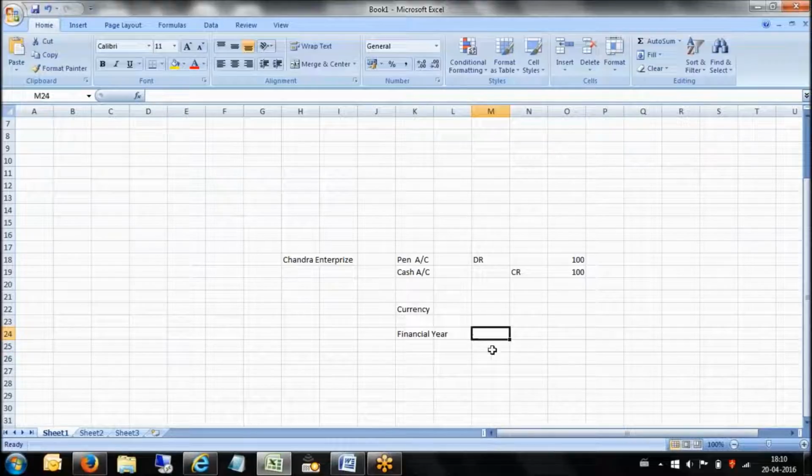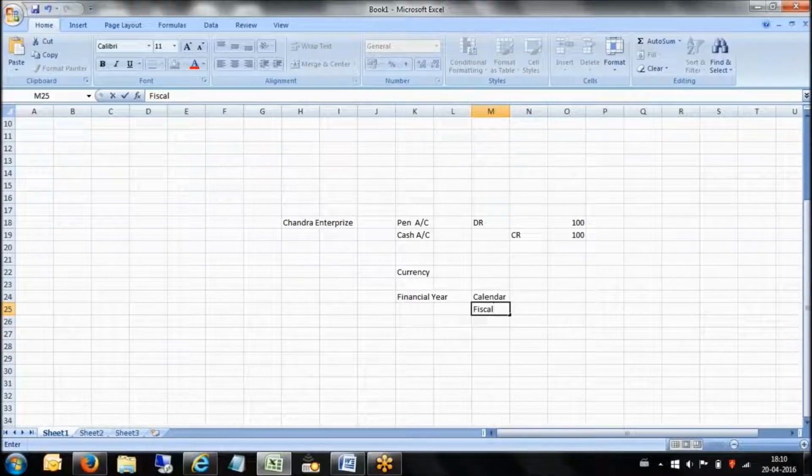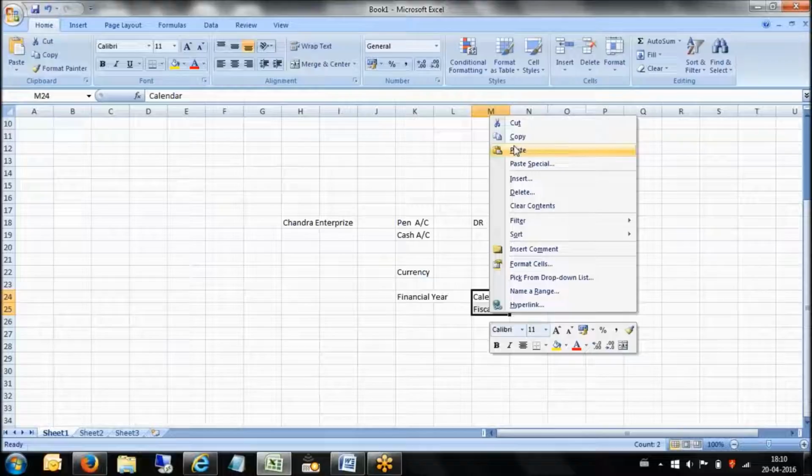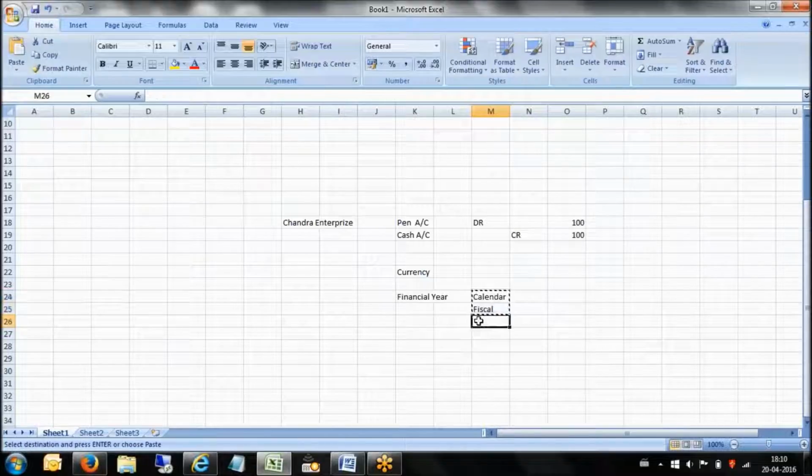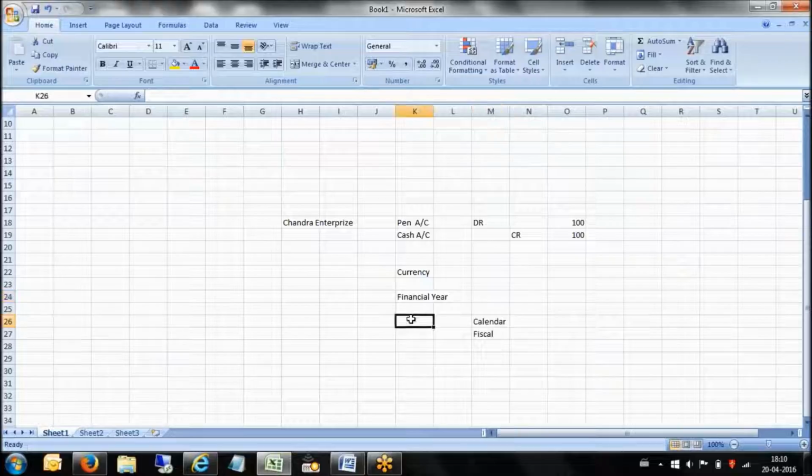So I need to know which type of financial year is adopted by Chandra Enterprise. So here it is a financial year like 2003, 2004, 2012 or whatever, and this is the type of financial year.